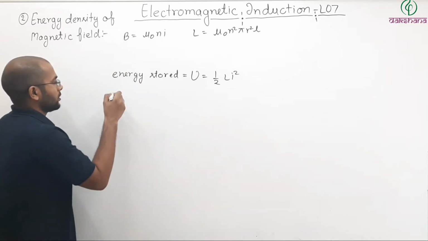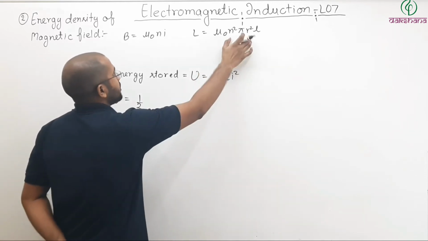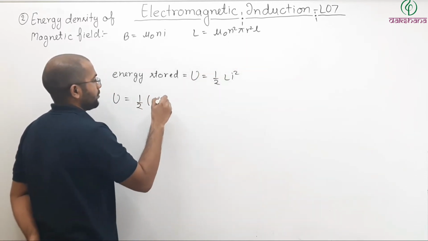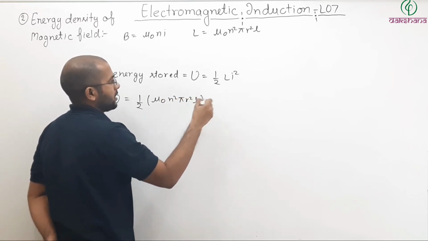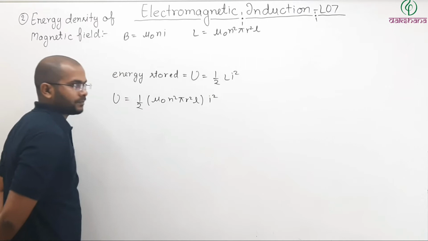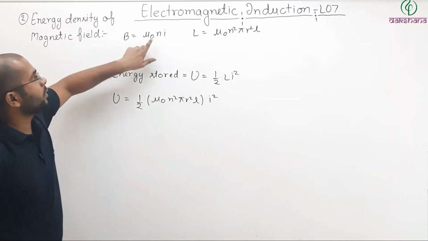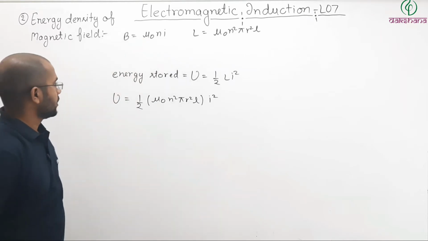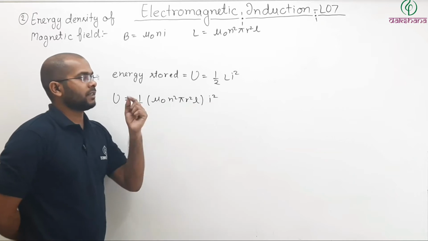So half L I square. Let us write that U equals half, what is your inductance? This much: half mu naught n square pi r square l times I square. Now what is your field? Field is mu naught n I. So here I have mu naught, here I have n, here I have I square.